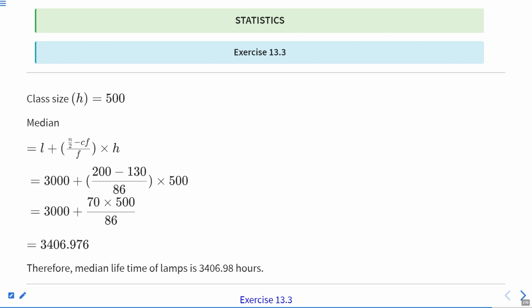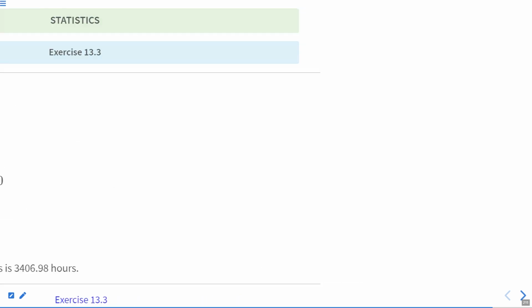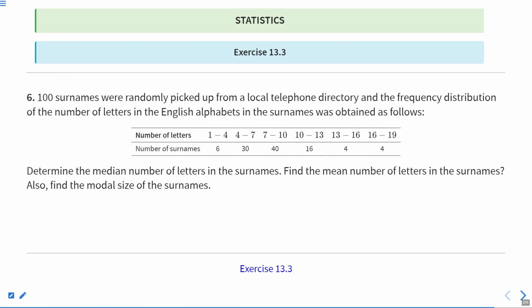Okay, so the median is equal to 3406.976, and approximately this is equal to 3406.98. So therefore the median lifetime of lamps is 3406.98 hours. And now let us discuss question number 6.